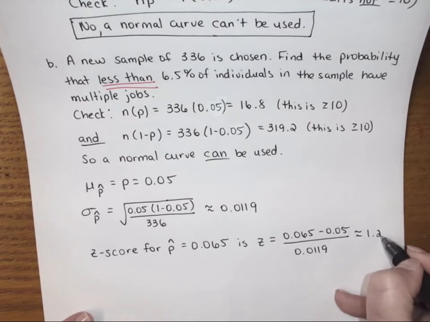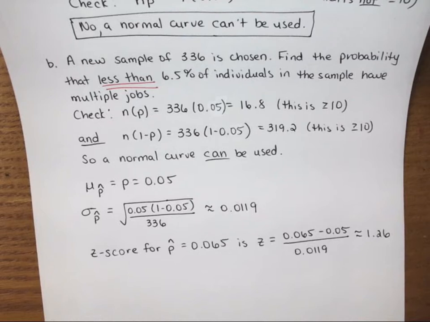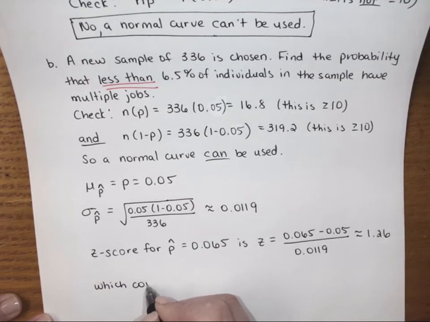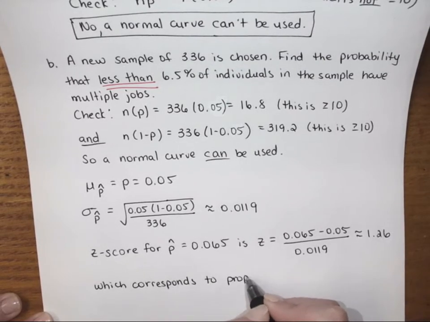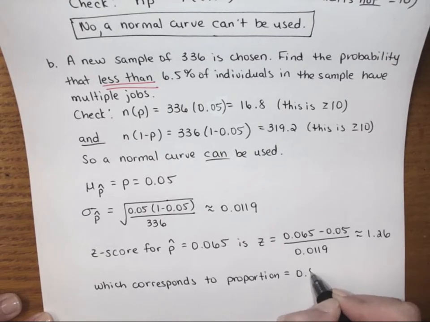Okay, so this works out to be 1.26, which actually corresponds to a proportion, if you look on your chart, equal to 0.8962.